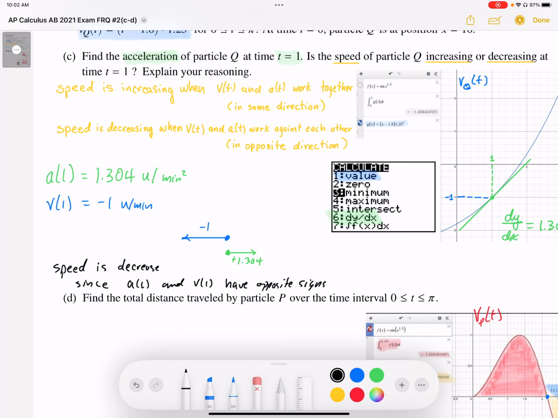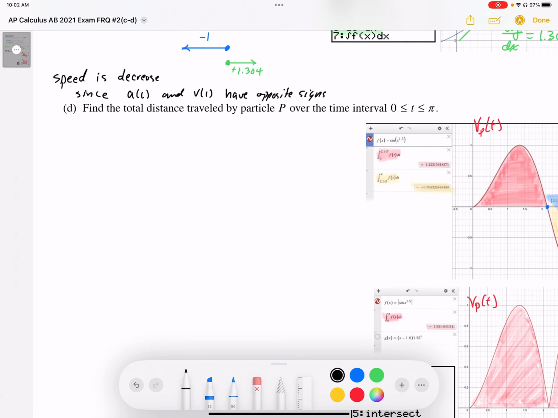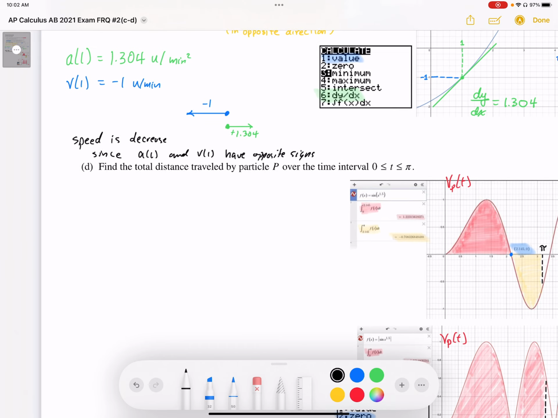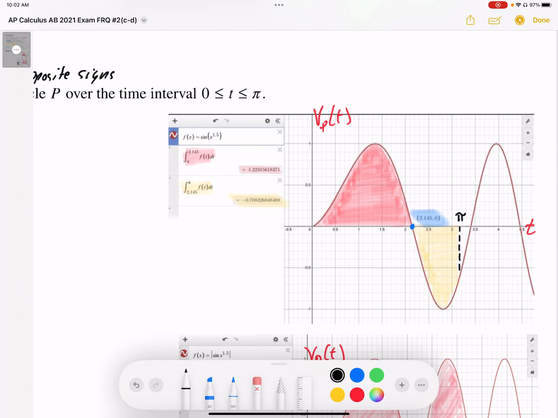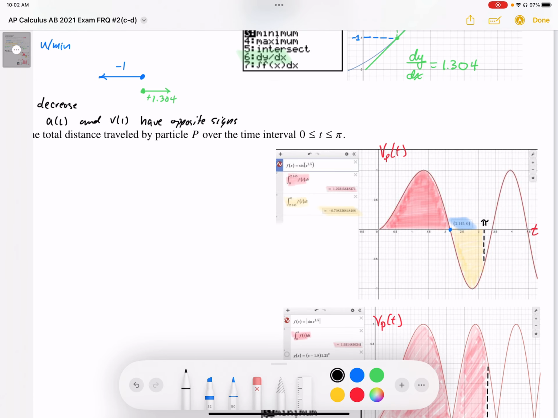Okay, so that's part C. Part D, find the total distance traveled by particle P over the time interval 0 to pi. So we're going to go to the P graph. So this is my V of P graph. And we can see that there is some area, which would be the displacement, and part of it's above and part of it's below.